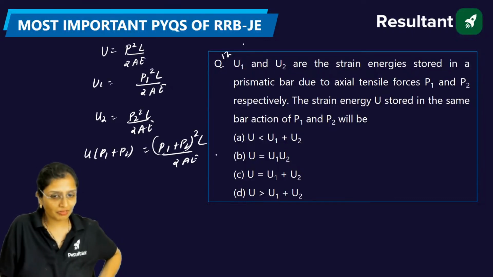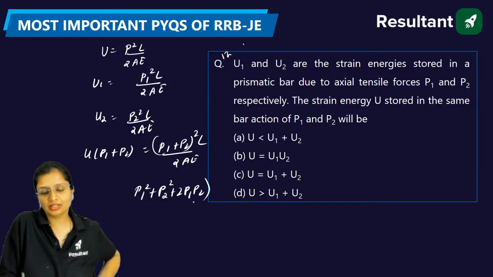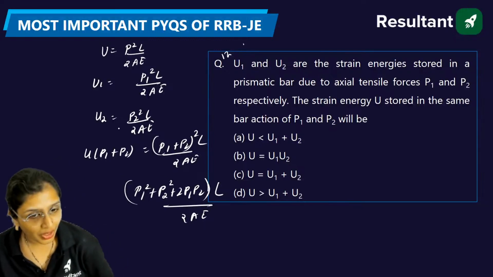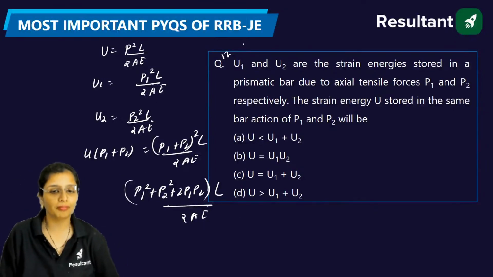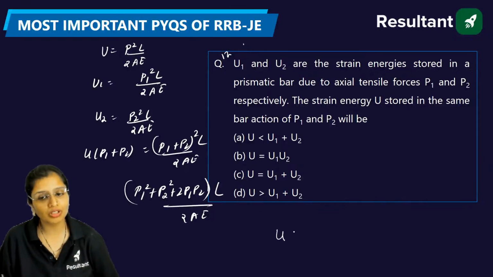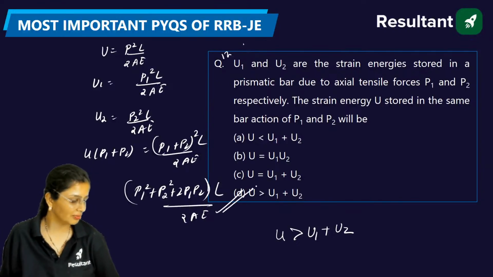Now, tell me which one will be the correct one. (a plus b) whole square is a square plus b square plus 2ab, times L upon 2AE. I have written U1 and U2. You will check that if you add U1 and U2, U for P1 plus P2 will be coming greater as compared to U1 plus U2. So D will be the correct one.